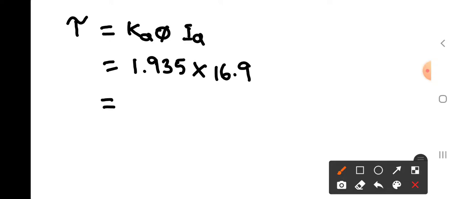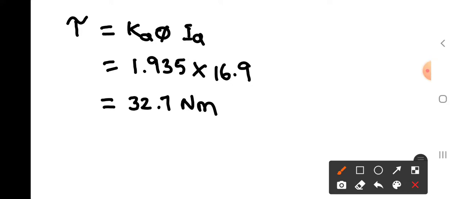So how much torque is developed by the motor when it is running at 600 rpm, with alpha equal to 60 degrees? It is 32.7 Newton meters approximately. This is the first case.